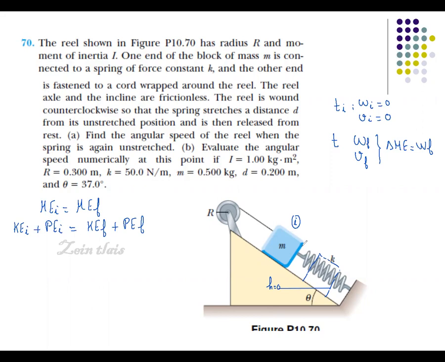The distance between this point and this point equals to x. Here we have the height h between the initial position and the final position, and the angle here equals to theta.